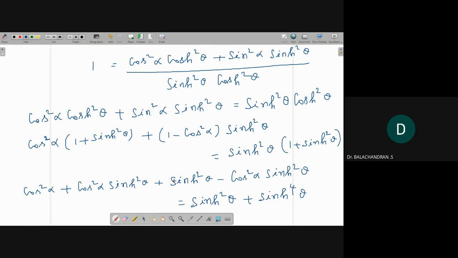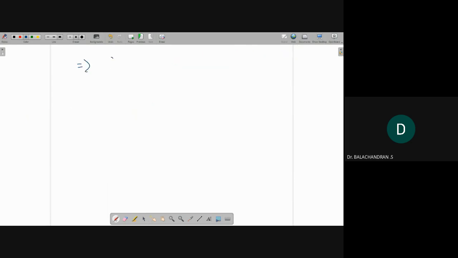Now I think you can cancel these two, and then you can cancel these two. So remaining is what? Cos square alpha equal to sinh power 4 theta. Okay, I think I call this 1.